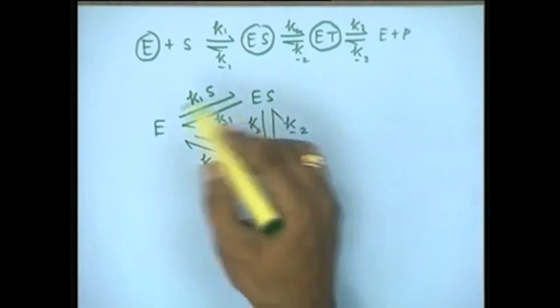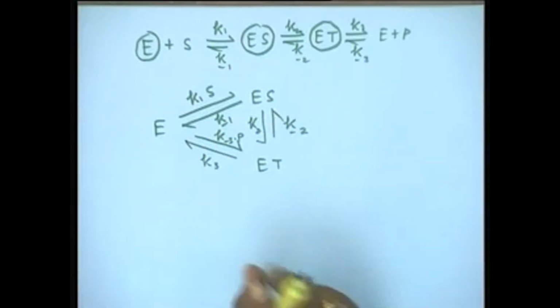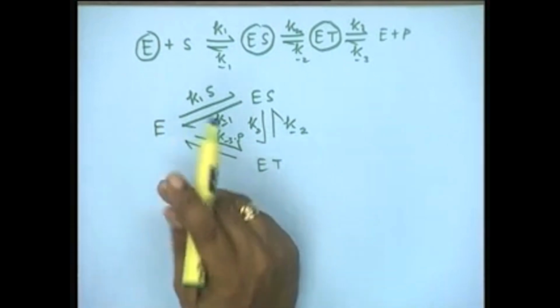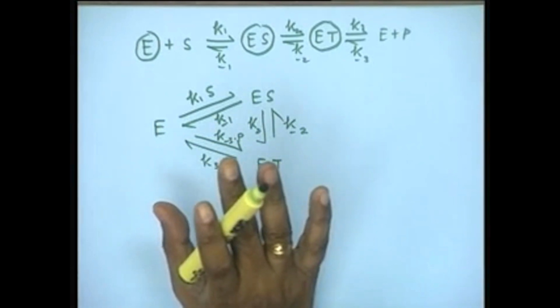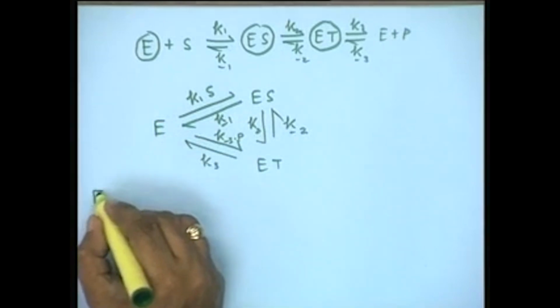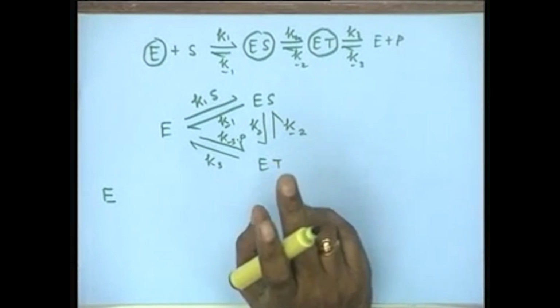Now, with this information that is available from the reaction mechanism, we will try to find out the fraction of each of the enzyme species of the total enzyme concentration in the form of the rate constants and the total enzyme concentration. So, essentially, if you consider the first enzyme species, let us say E, we write down all the possible patterns which contain n minus 1 terms, where n is the number of enzyme species.